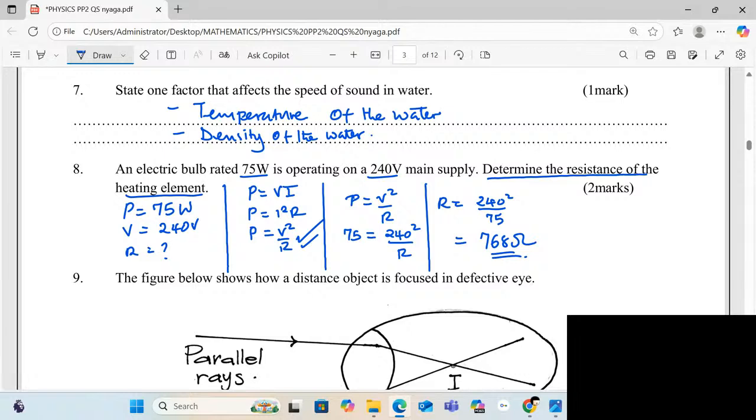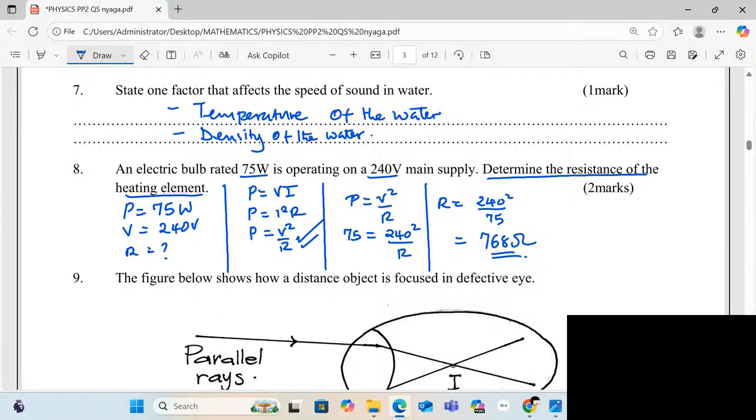This is a very high resistance. But we can still prove if we can arrive at 768 by getting the current.